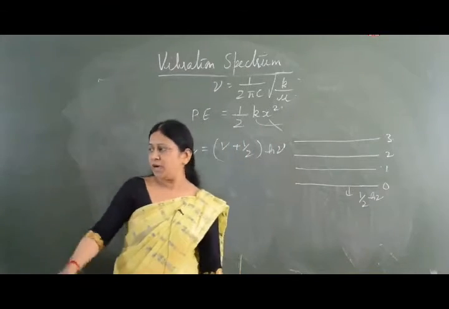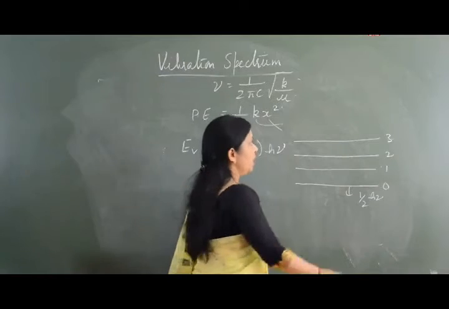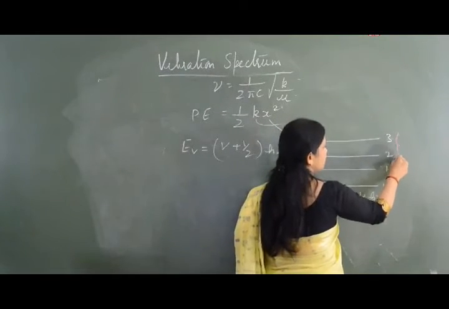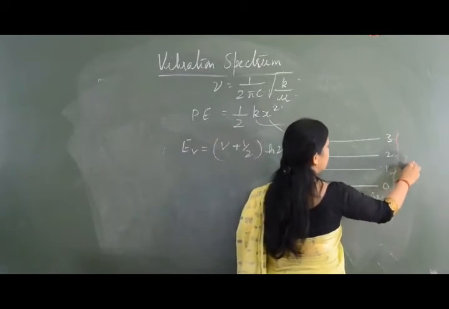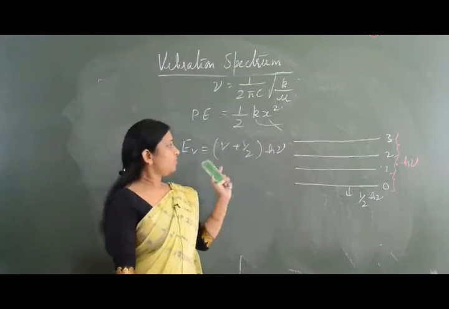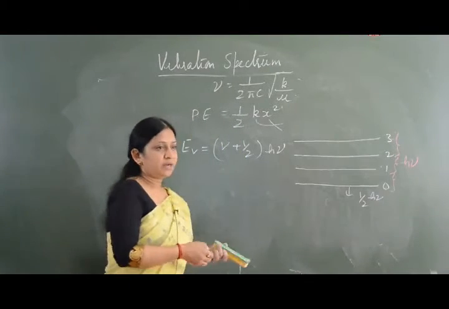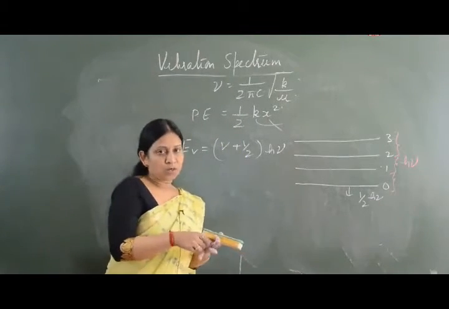So the lowest energy state has the energy of half h nu, and the energy difference between two energy levels is constant, which is h nu. This is what the energy equation gives for a simple harmonic oscillator.